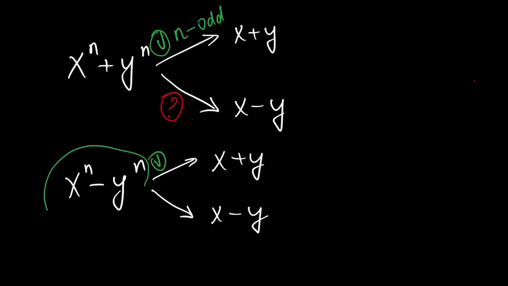So x to the power n minus y to the power n is divisible by x plus y, but for n which is even, numbers 2, 4, 6, the number must be divisible by 2. And here, in the last case, we always have divisibility.